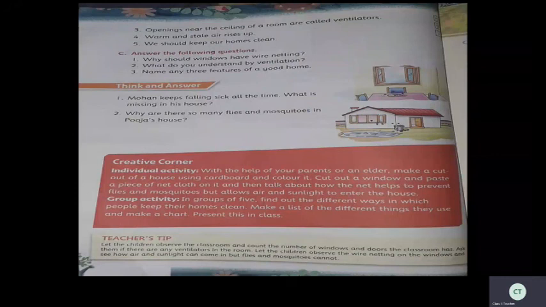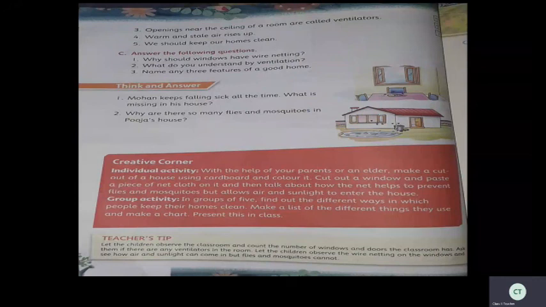Yes, there also we can't find wire netting on the windows, isn't it, children? So windows and doors are open and there is no wire netting, so flies go inside. It is very important that there should be wire netting on windows and doors so that flies and mosquitoes won't come inside, isn't it, children?